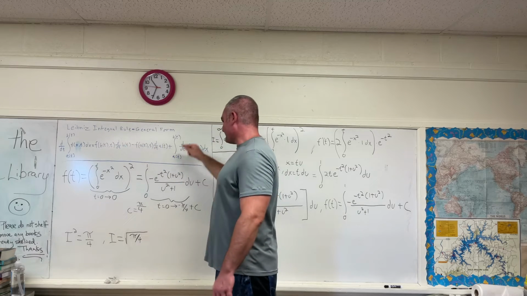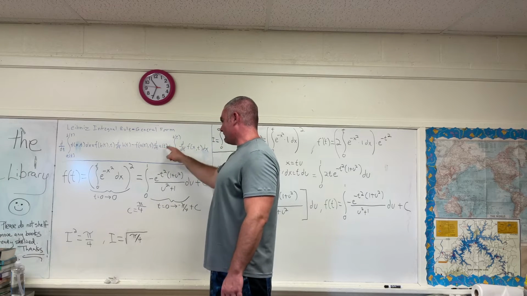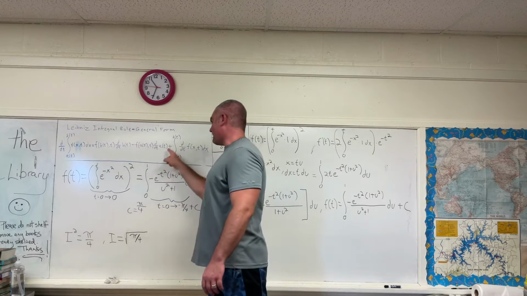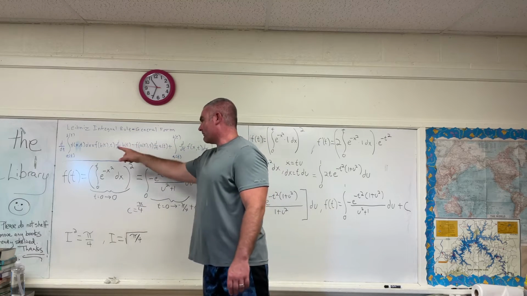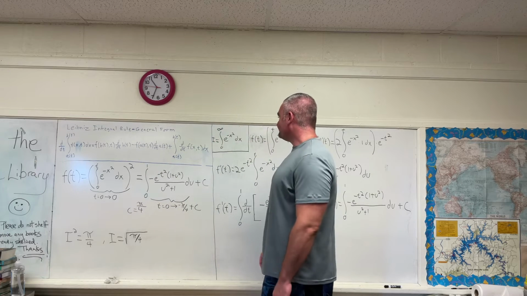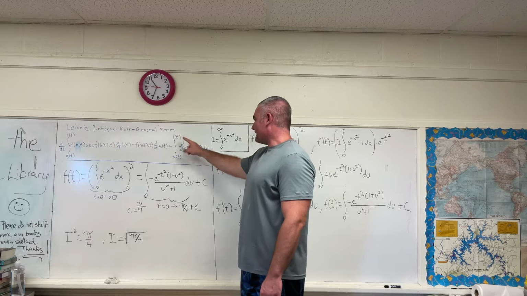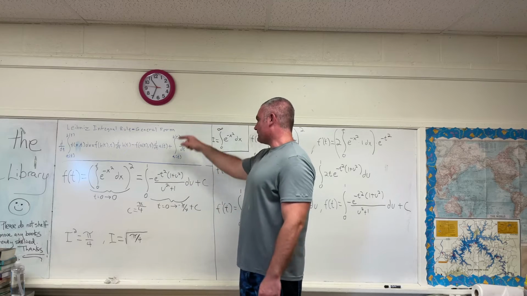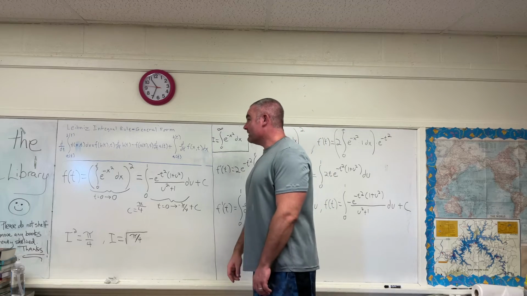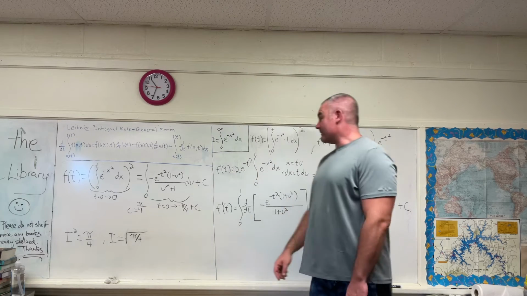So with constant bounds of integration where a of t and b of t are constant, this part will drop out, because if you take the derivative with respect to t of a constant, you get 0, leaving you nothing but the integral from a constant to another constant of the partial with respect to t of f of x and t, which is what we've been using up to this point.